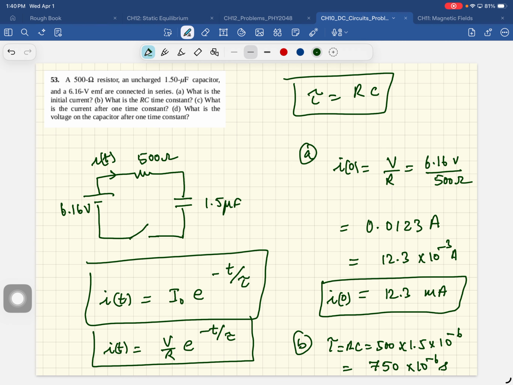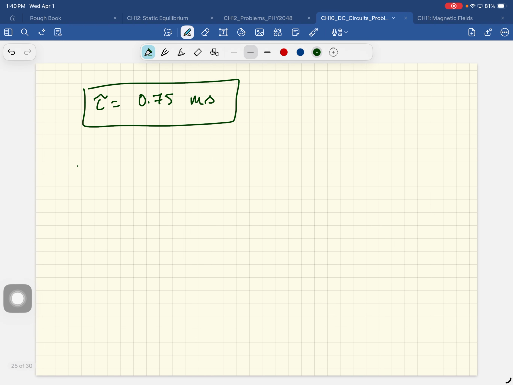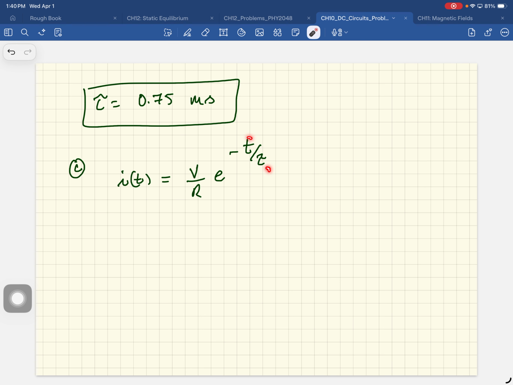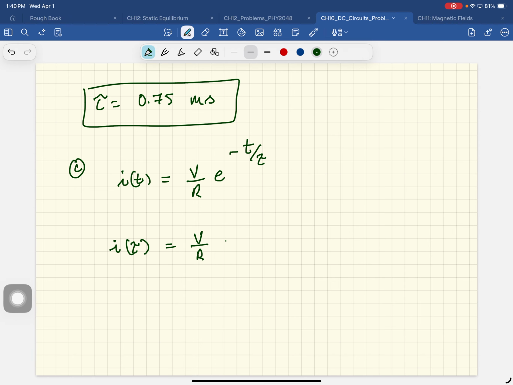What is the current after one time constant? They're saying put t equal to tau, and this will become e to the power of minus 1. So the current at one time constant is the maximum current, which is the initial current, times e to the power of minus tau over tau.